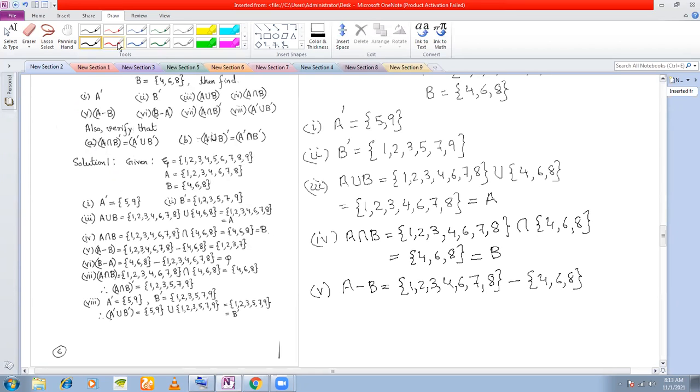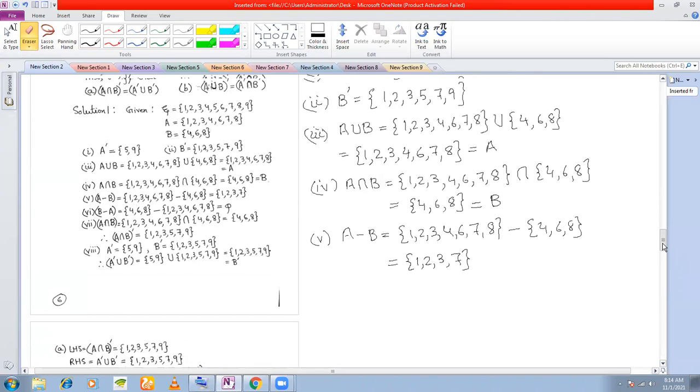A minus B means all the elements of A from which I have removed all the elements of B. So if you see 4 is there in B, so I remove this element from A. 6 is there, so I remove this element from A. 8 is there, so I remove this element from A. So what am I left with? What elements of A are left? So 1, 2, 3, 7. Yes. So this is A minus B. Okay, fine. So we'll move on to the next question then.